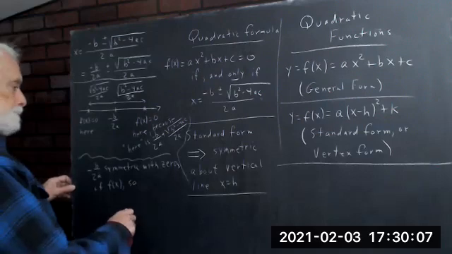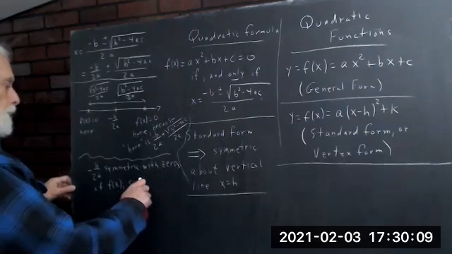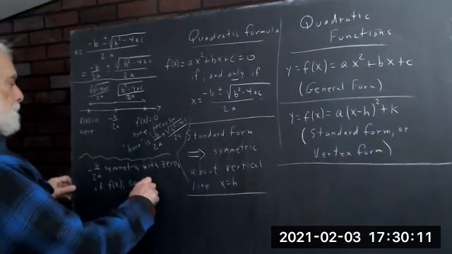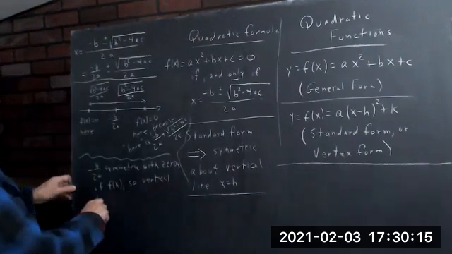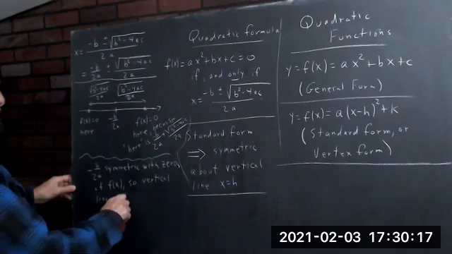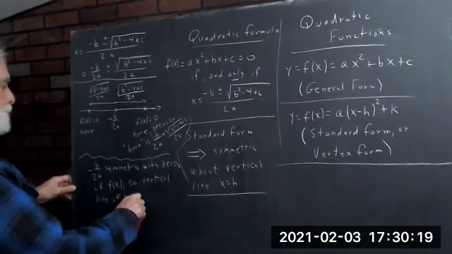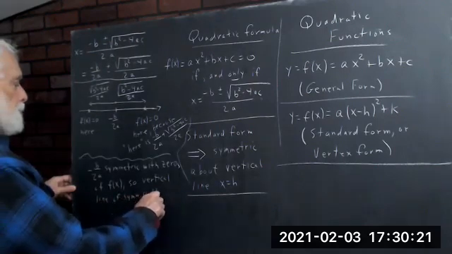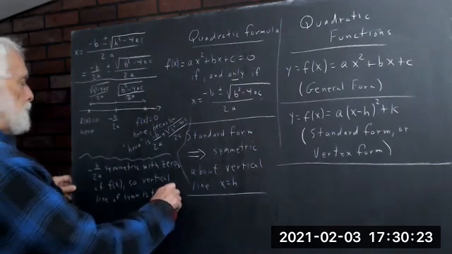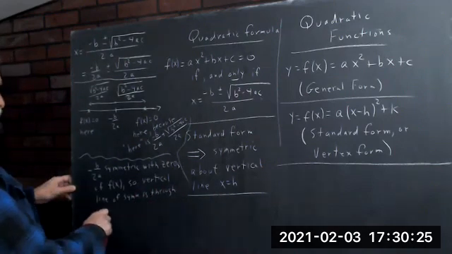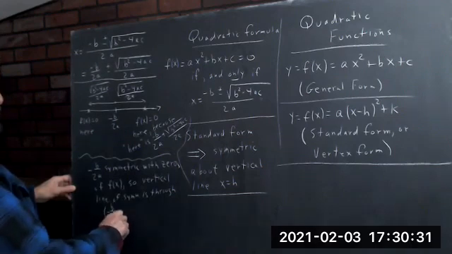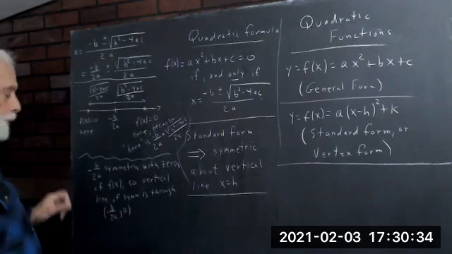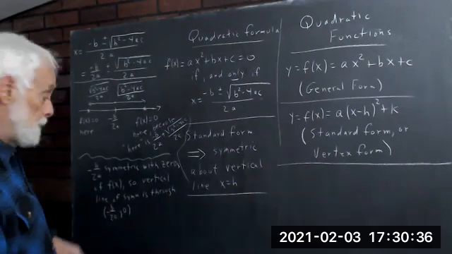So the vertical line of symmetry is through the point negative b over 2a, 0.